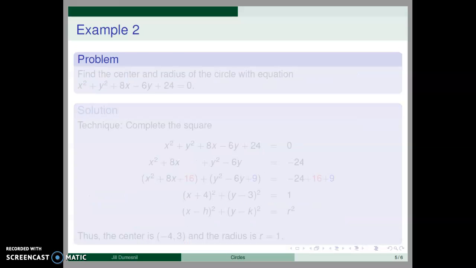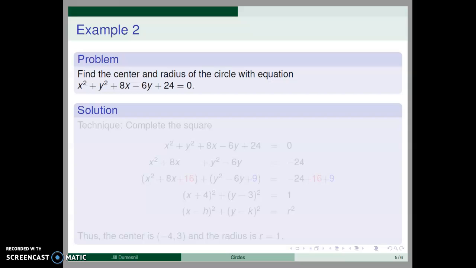Let's consider a second, more algebraic example. Find the center and radius of the circle with equation x squared plus y squared plus 8x minus 6y plus 24 equals 0. We are told that the equation is a circle, so we need to rewrite it in standard form. From there, we can identify both the center and the radius. The technique used here is to complete the square.